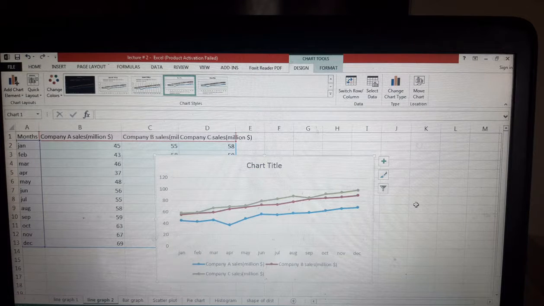Now you can clearly see that the green line is the uppermost line, which belongs to company C. That indicates that company C has the highest sale.